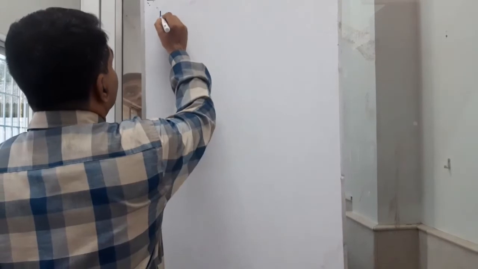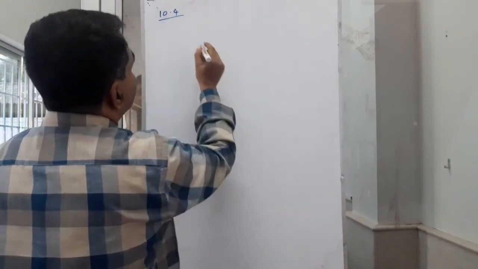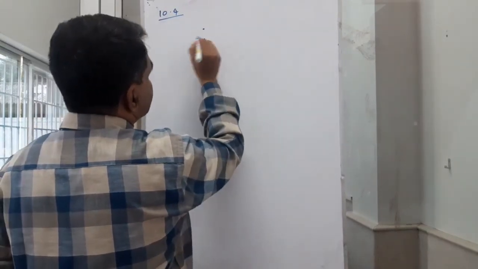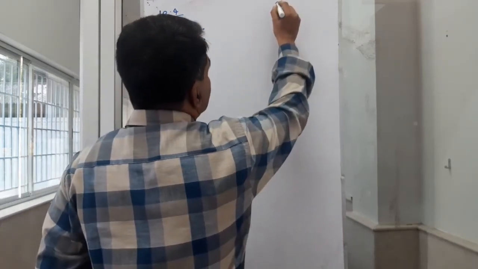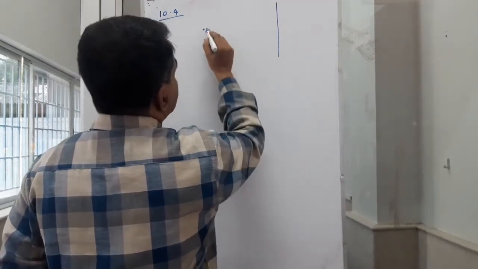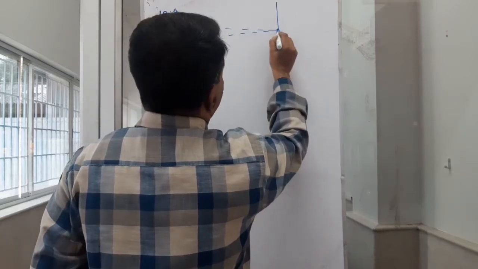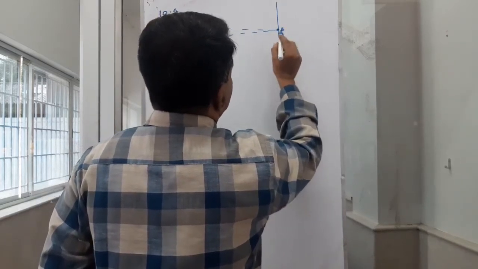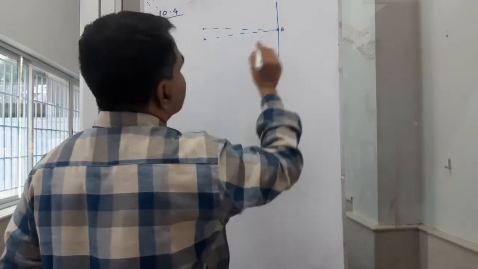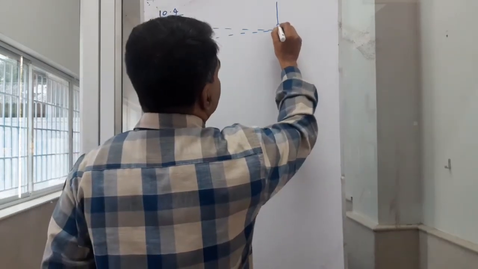So you have Young's double slit experiment, 10.4, which means that you have a slit here and then a slit here and then the screen here. What happens is that you will have a central bright spot, right? So this is bright here, and then there will be dark, and then you will have a bright here.